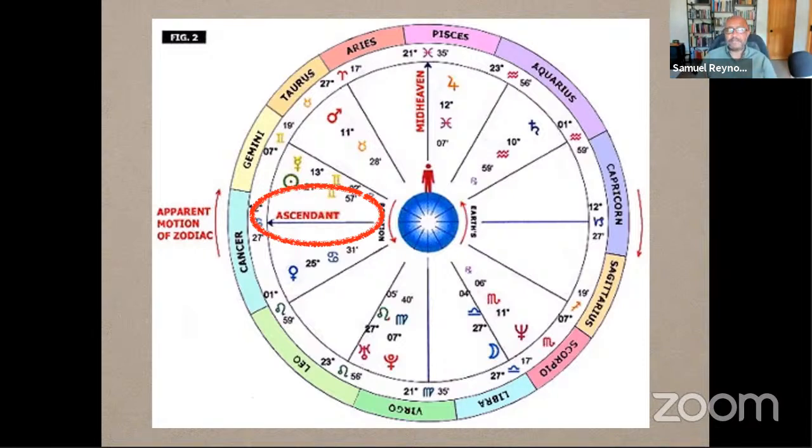Like if you're a Pisces rising, then it's going to be the whole of Pisces. But let's say your ascendant, the actual marker, which I'm going to talk about in a second, is 27 degrees Pisces. So it's deeper into the sign, but the first house is going to be the whole sign.